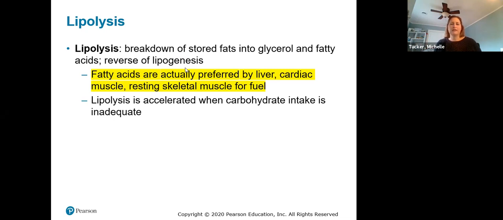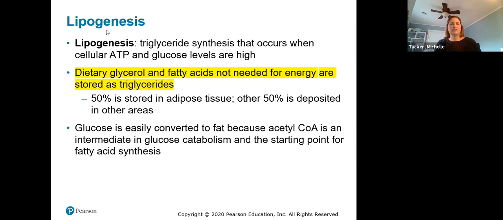Okay, so you do need to know the definitions of lipogenesis. Lipogenesis is you start with glycerol and fatty acids, and your product is triglyceride. What state does it occur in? It's going to occur in something called the absorptive state, where we get high ATP and high glucose levels.